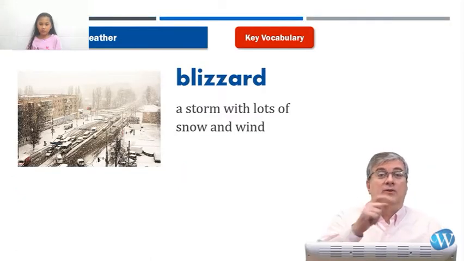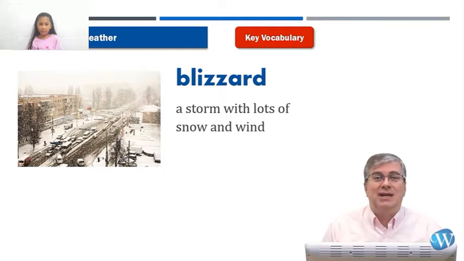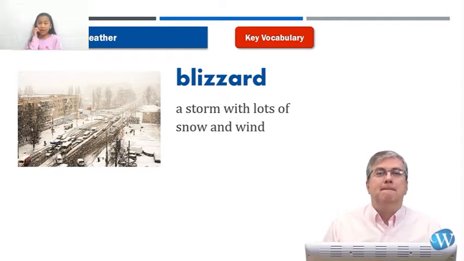Okay, so the first word here we have is blizzard. A blizzard is a storm with lots of snow and wind. Well, you know what? The blizzard is a very dangerous kind of weather. It's just kind of like it is snowing, also windy, right?